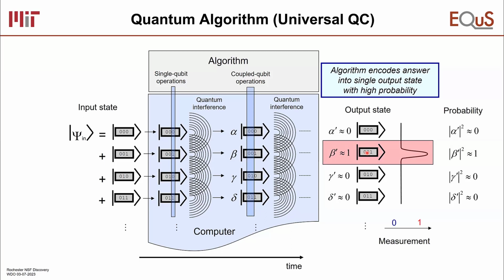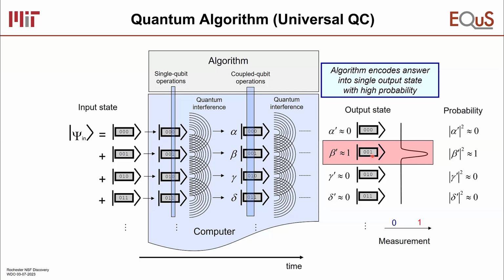And the probability that we get any one of these aspects goes as the magnitude squared of its weighting factor, or coefficient. This is called probability amplitude. And so the magnitude squared of the probability amplitude is the probability that, in this case, for example, we will measure qubit 1 in its 0 state, qubit 2 in its 0 state, and qubit 3 in the 1 state.